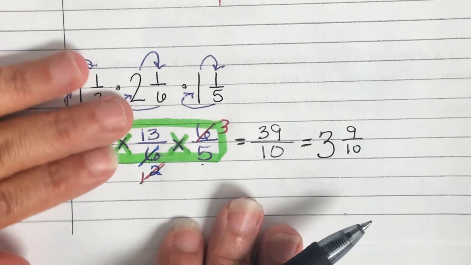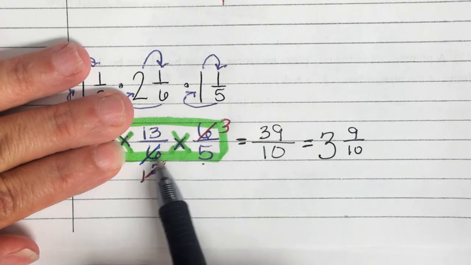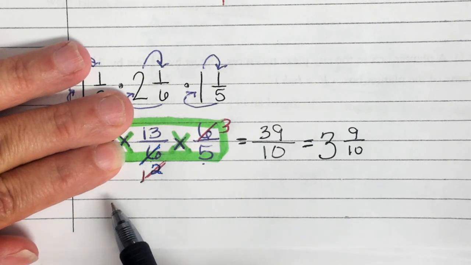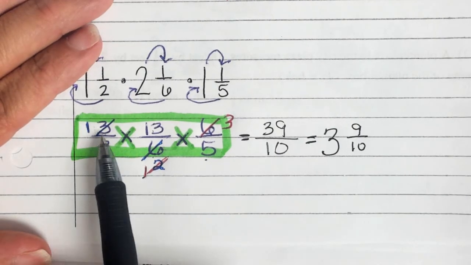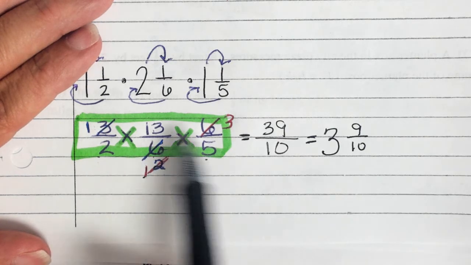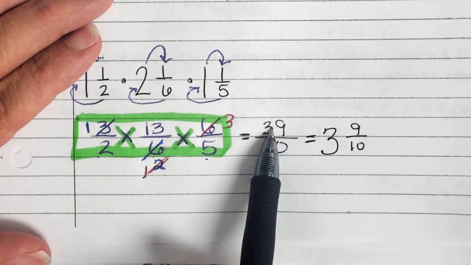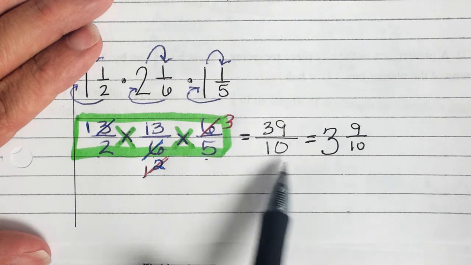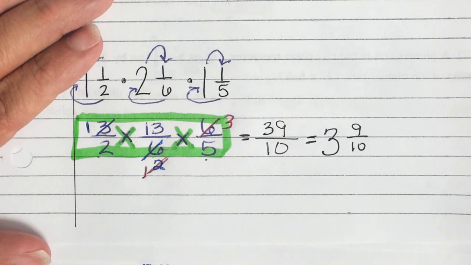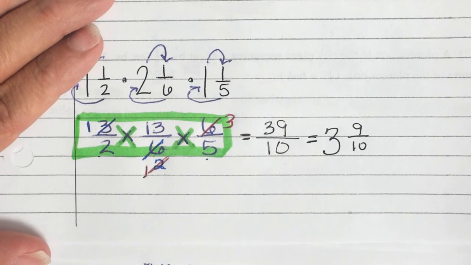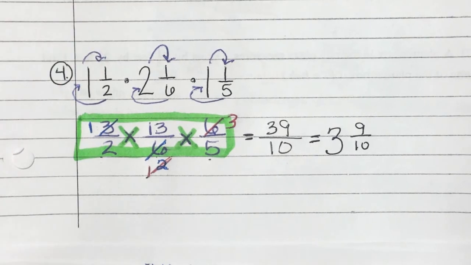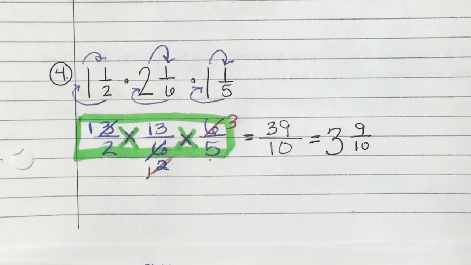You could just do these 6s and make them 1s and stop. And you'd have 3 times 13 would be 39. And you would have 2 times 5 would be 10. It'd be easier to do the 2 6s, to be honest. As long as you do a top and a bottom, one set at a time, you're good to go.